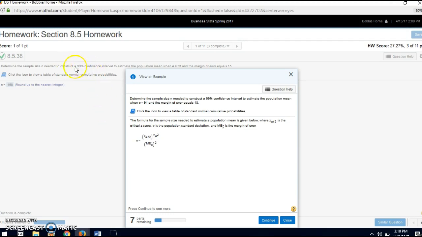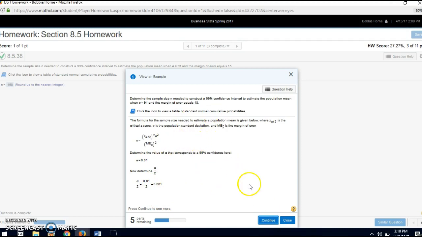So if our confidence interval is 0.99, 1 minus 0.99 would be 0.01, and we want to divide 0.01 by 2, which would be 0.005. Now, if you look down here in this example, it's the same confidence interval. You take 1 minus the confidence interval and divide it by 2. So our value is 0.005.